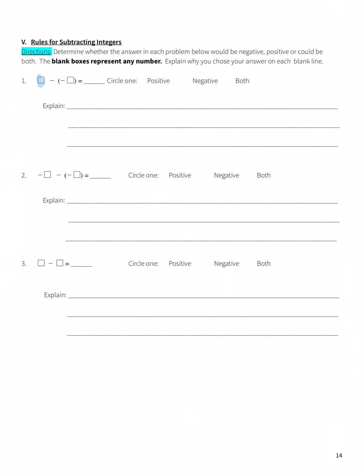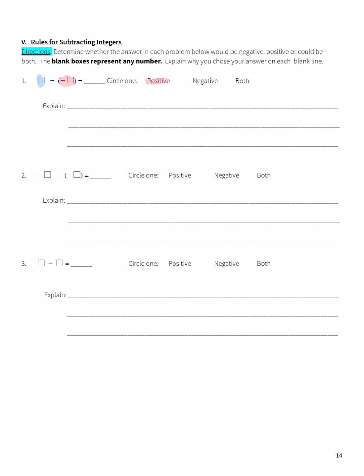So if this is a positive number and we are subtracting a negative number, will the answer always be positive, negative, or could it be both? Think about it. Oh, and the answer is positive.